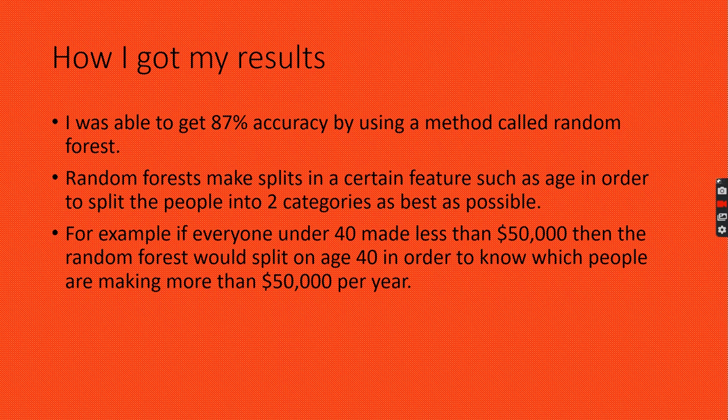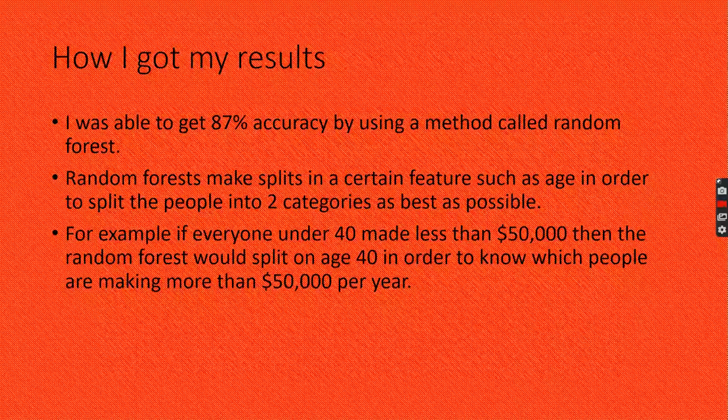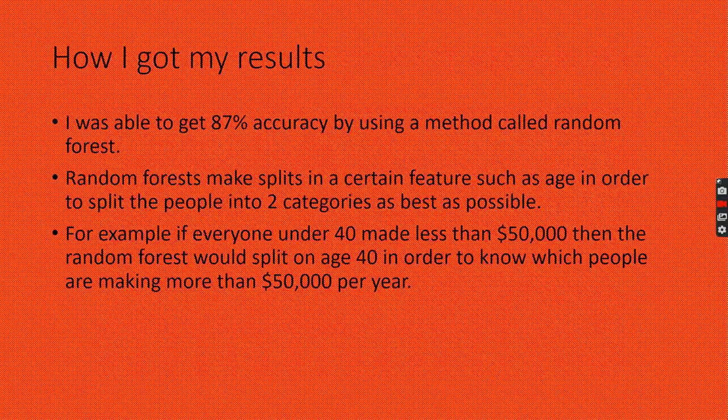For example, if everyone under 40 made less than $50,000 a year, you would make a split at 40, because now you would know that everyone under 40 makes less than 50,000, so you don't have to wonder whether those people make $50,000 or not. Now you've figured it out. It's called information gain.